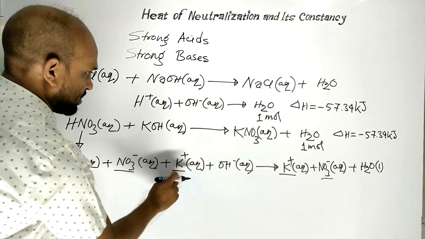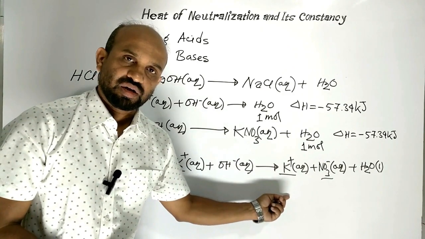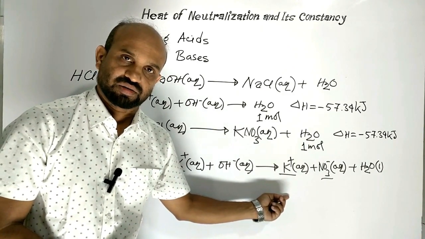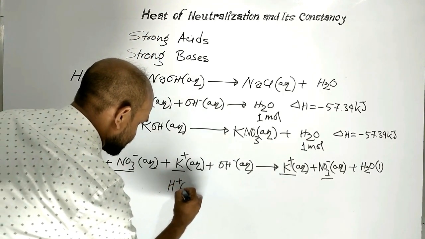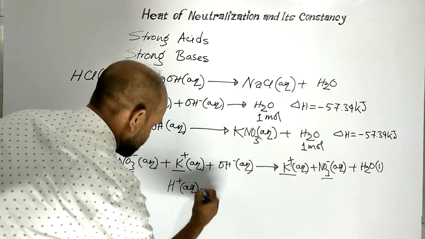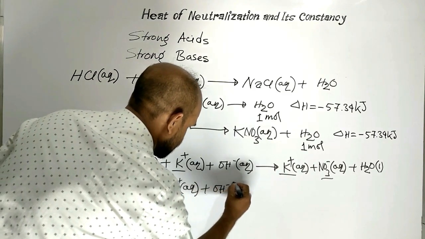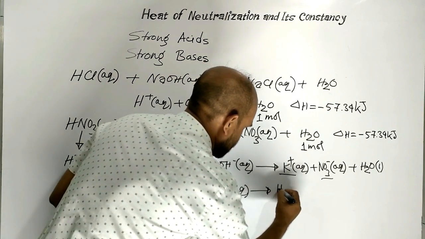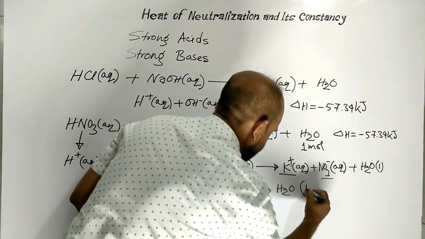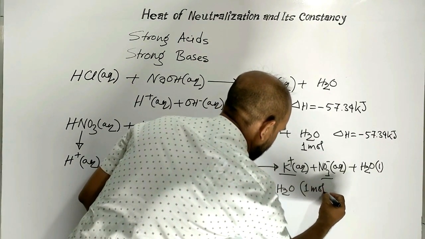Nitrate ion and potassium ion are spectator ions, and only this reaction occurs: proton and hydroxide ion form water, which is 1 mole water.